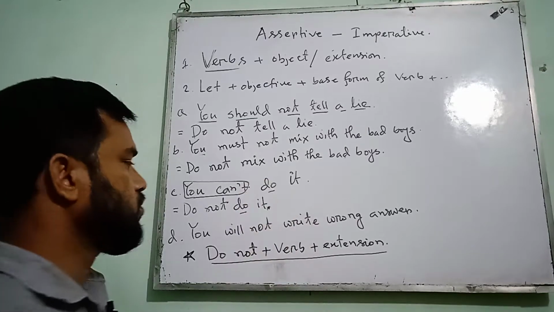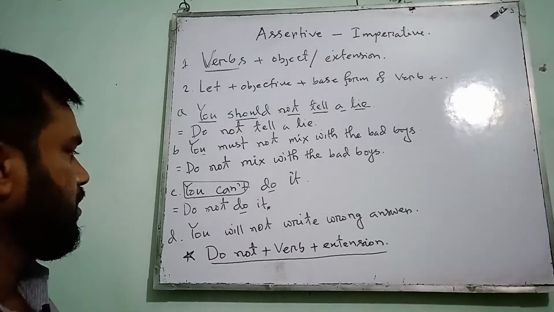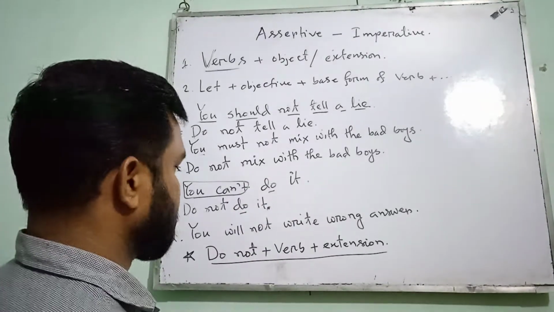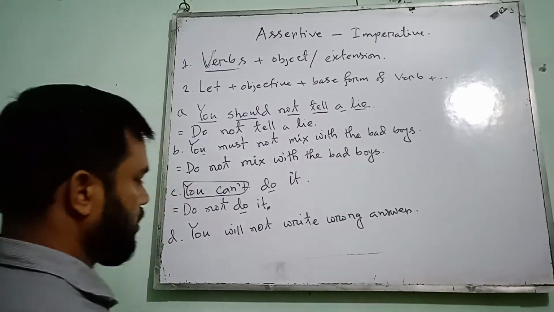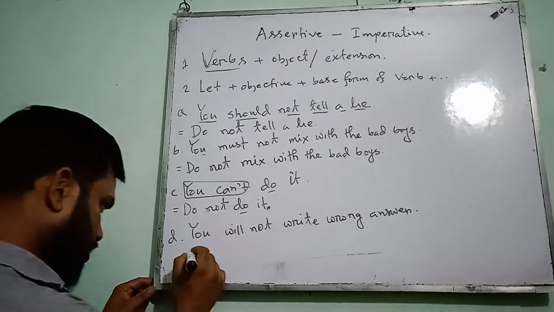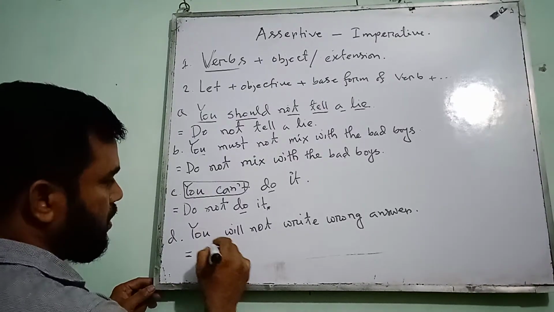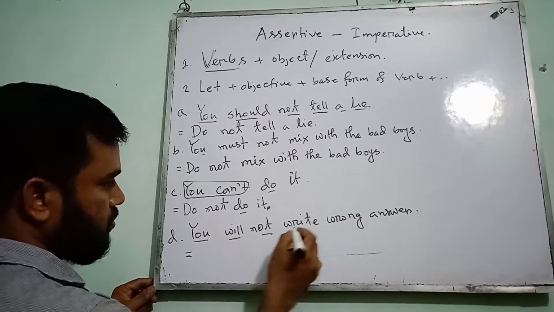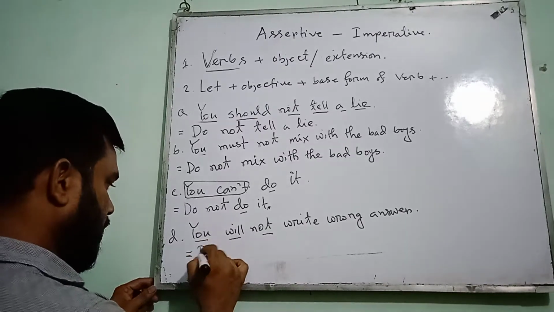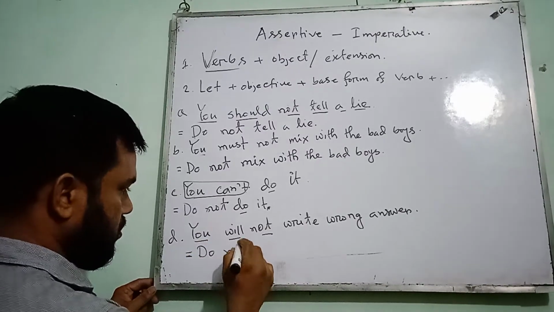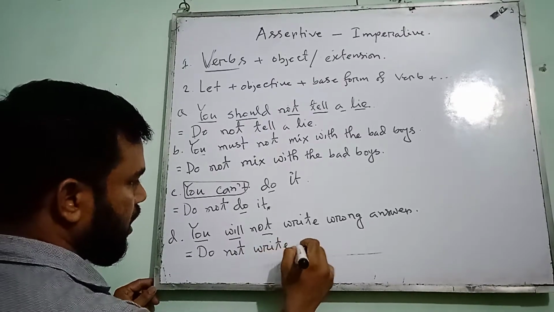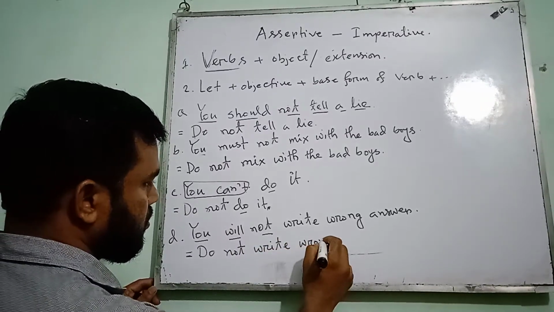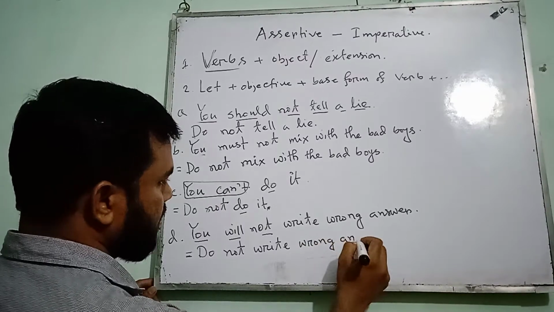Then our negative imperative sentence is do not do it. And we have the last one. You will not write wrong answer. I have to write do not write wrong answer.